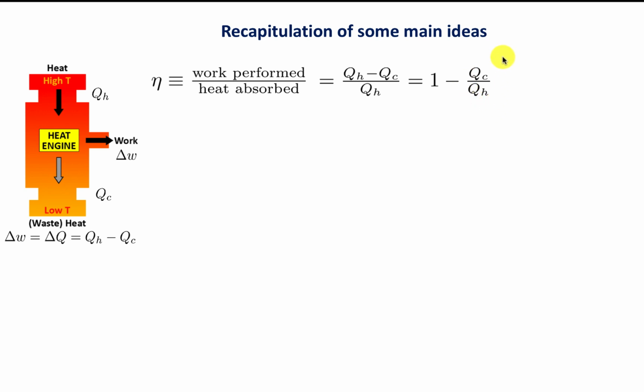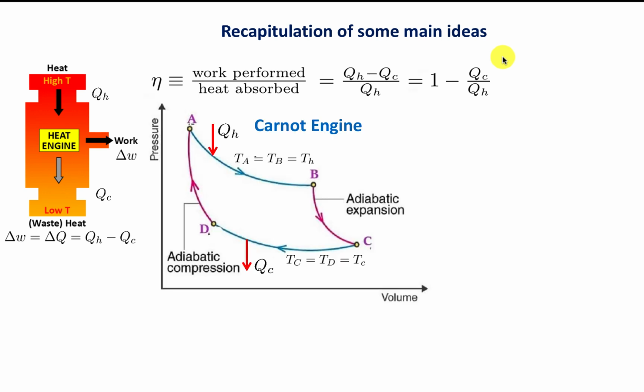Of course, this applies to every engine, but in particular, there is the Carnot engine, which has an isotherm here, so the temperature is constant from A to B. The volume has decreased from the value over here to the value over here.